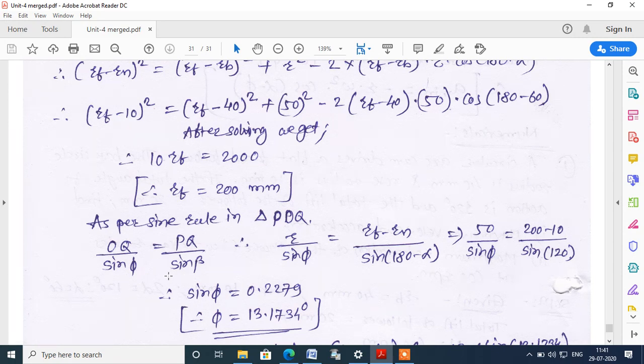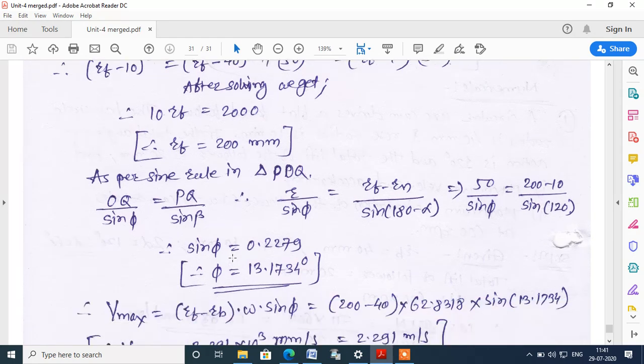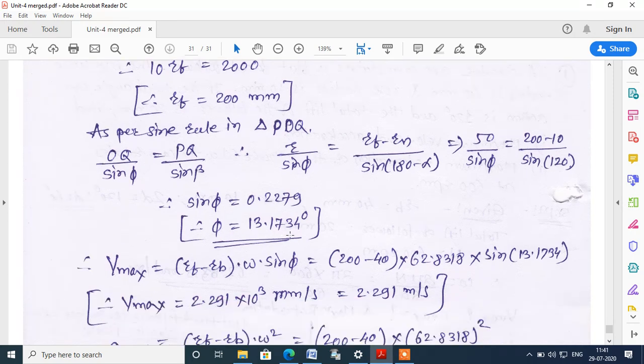OQ is R, so R upon sin phi equals PQ, that is RF minus RN, upon sin of beta, that is sin of 180 minus alpha. So 50 upon sin phi is equal to 200 minus 10 upon sin of 120, because 120 means 180 minus 60. So we get the value of sin phi as 0.2279 and the value of phi as 13.1734 degrees.